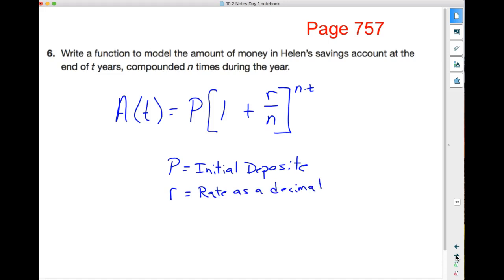Okay? The n is how many times per year interest is calculated.